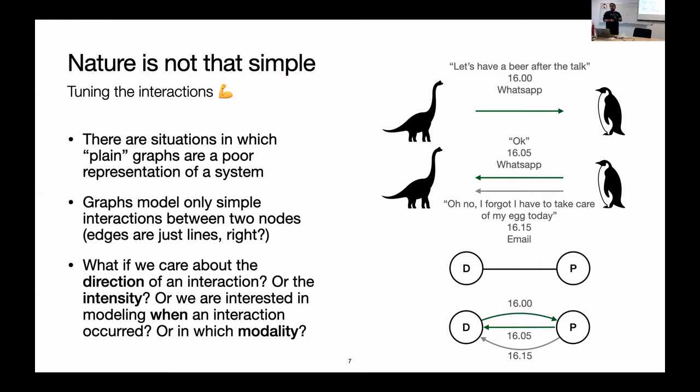Instead, we would like to have a more sophisticated mathematical object in which we can put direction to the interaction, we can put temporal labels, or we can also color, let's say, the edges, intending that the color represents a different modality of the interaction. For example, in this case, green represents WhatsApp, while the gray edge represents email. We cannot do this with the standard graph, and so we are kind of sad because of this.